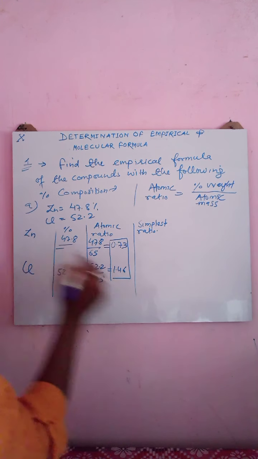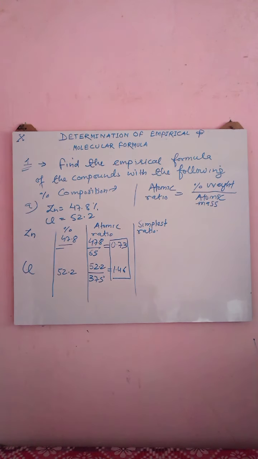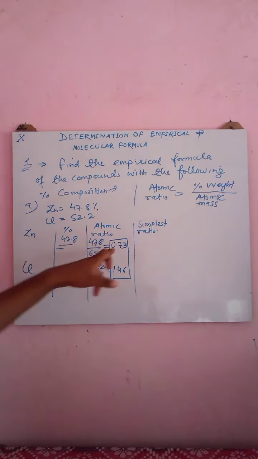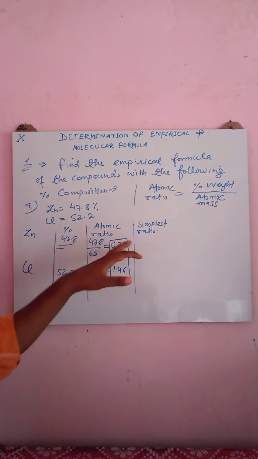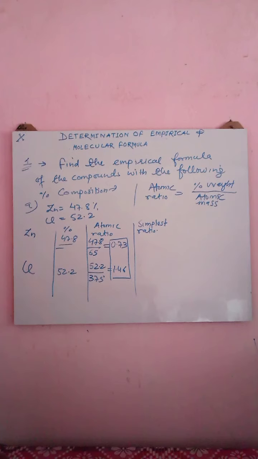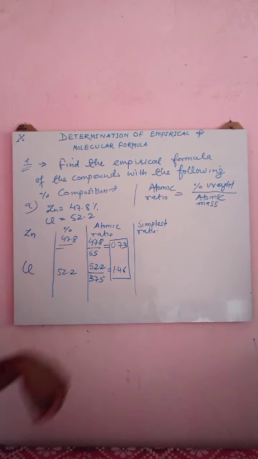What is the smallest number here? 0.73. So the other number will be divided by this 0.73, because 0.73 is the smallest atomic ratio here. You select the smallest atomic ratio, and then the others will be divided by that number.